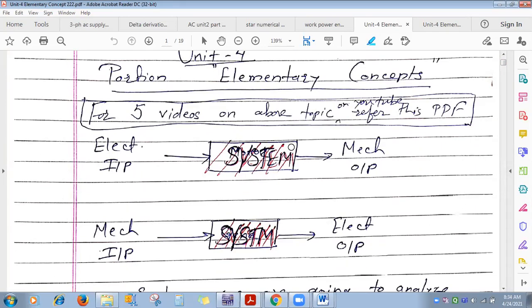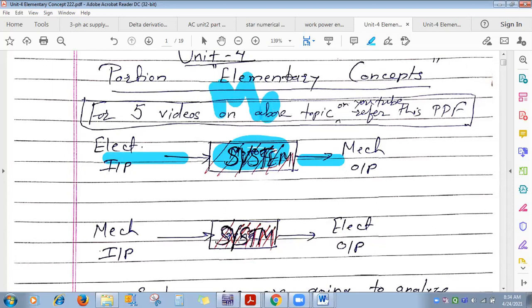Okay, so under work power energy, we are going to simplify 2 types of systems. The first one is electrical as the input and mechanical as the output. So this is the example of a motor. Motor, all of you know, for every motor, like in a fan, you can keep in your mind the example of a fan.